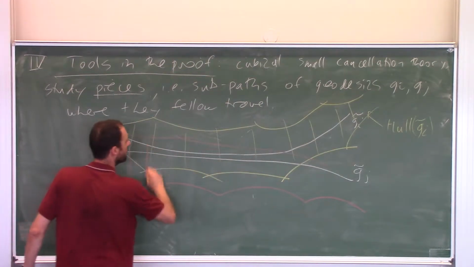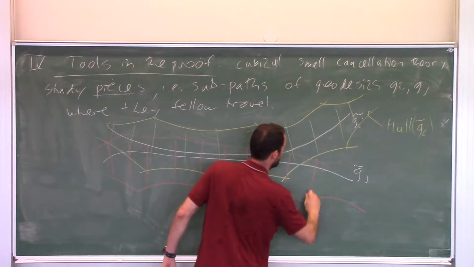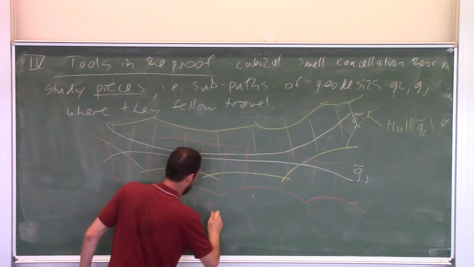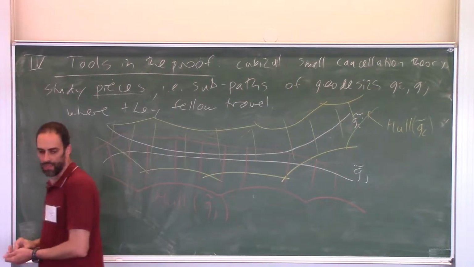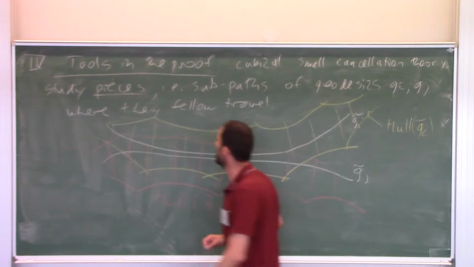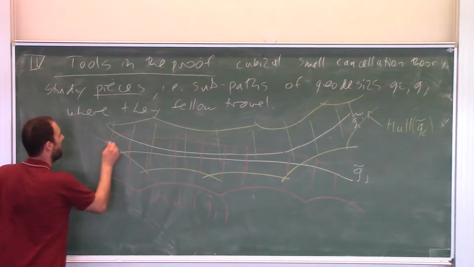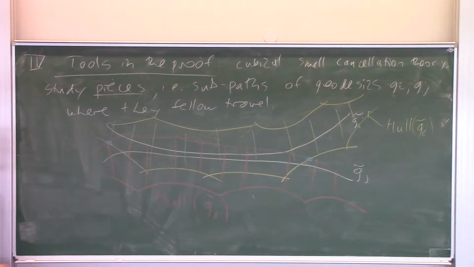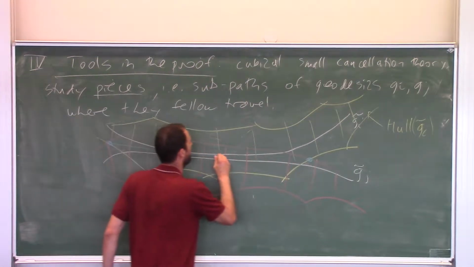This is the hull of Gj, and then you take the intersection of these two convex hulls, which will also be convex, and you take a pair of points that's about as far away as possible in that convex hull, and that's the piece.